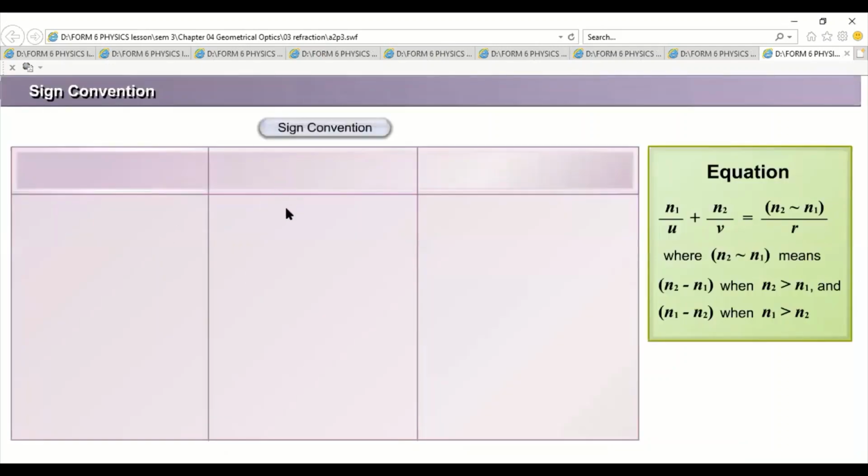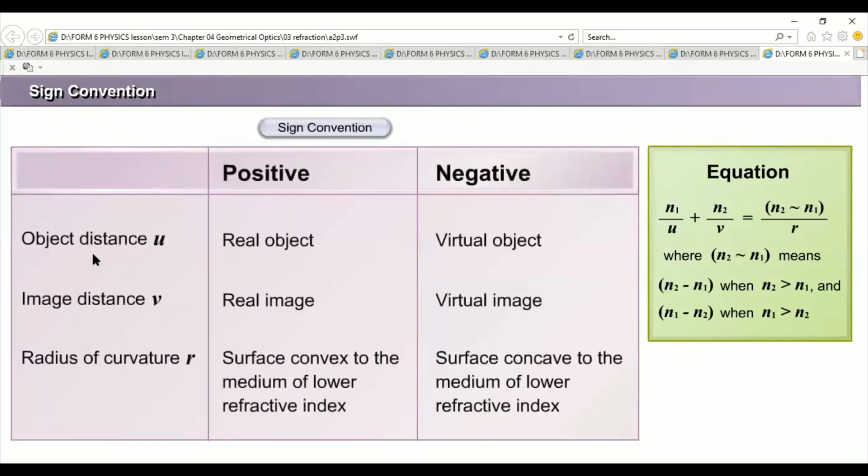Now we look at the sign convention for u, v, and R. Object distance u is positive when it's a real object, and u is negative when it's a virtual object. v is positive when it's a real image, and v is negative for a virtual image.